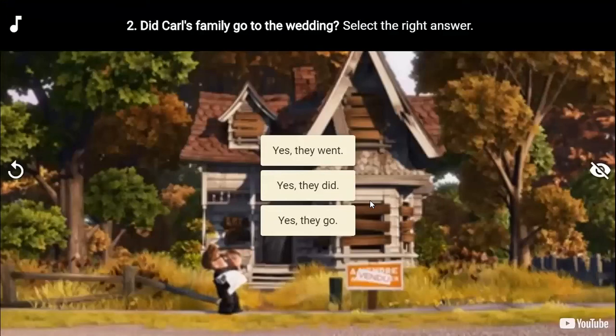What do we see here? Our second question. Did Carl's family go to the wedding? Yeah, we saw that they went to the wedding. And the answer, yes, they did.